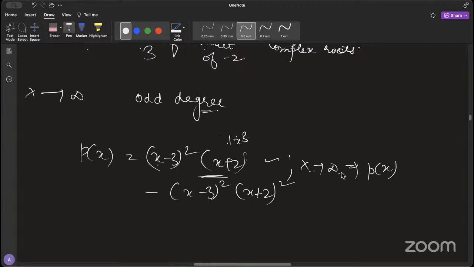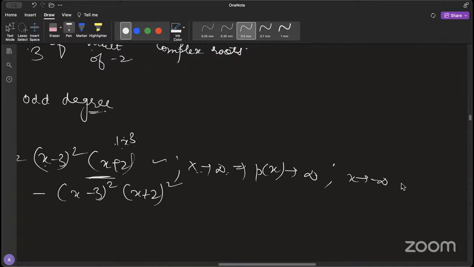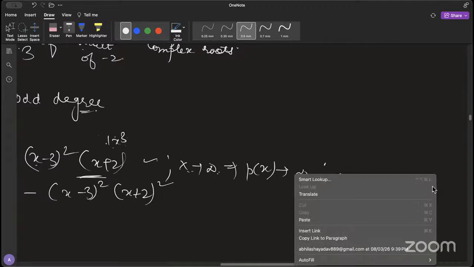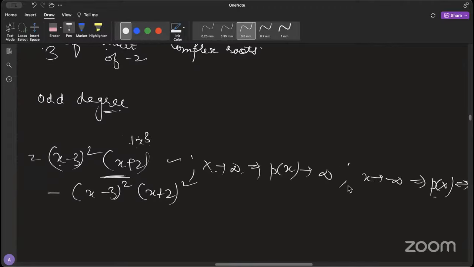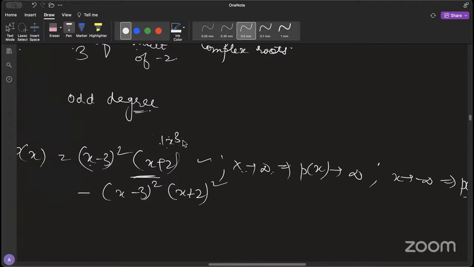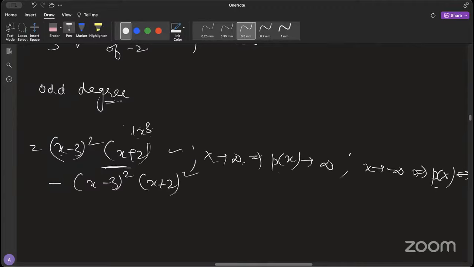So if your x is going to infinity, 1x cube will go to infinity. That means p(x) will go to infinity. And if your x goes to minus infinity, your p(x) should go to minus infinity, because 1x cube will go to minus infinity. This will be the case.